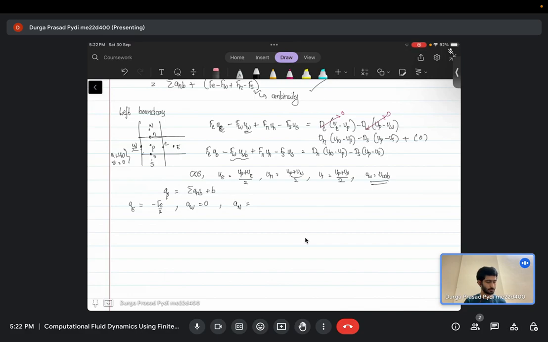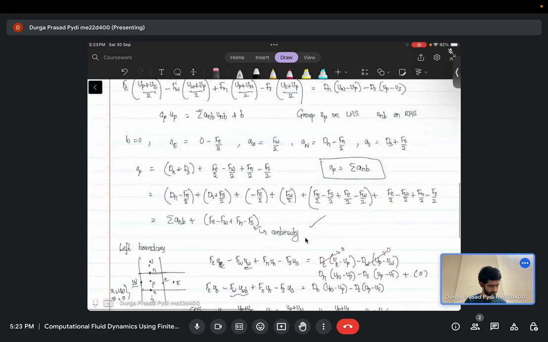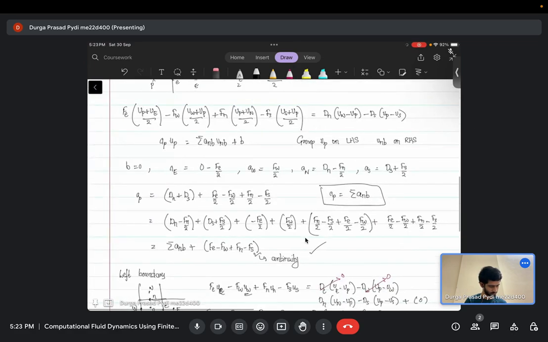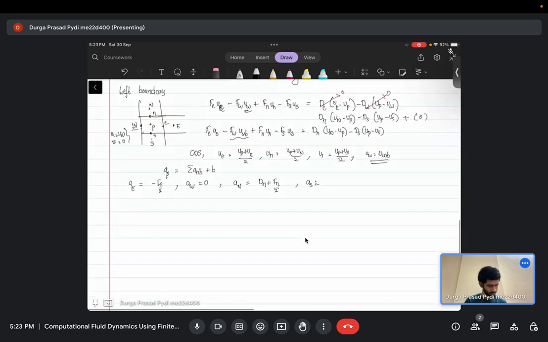A north will also be similar, so we have a Dn term and then an Fn term, and A south, sorry, this is a minus, and then A south we have D south plus Fs by 2.